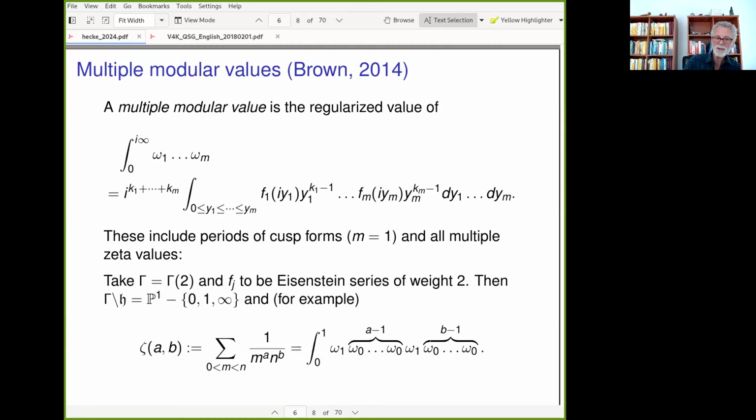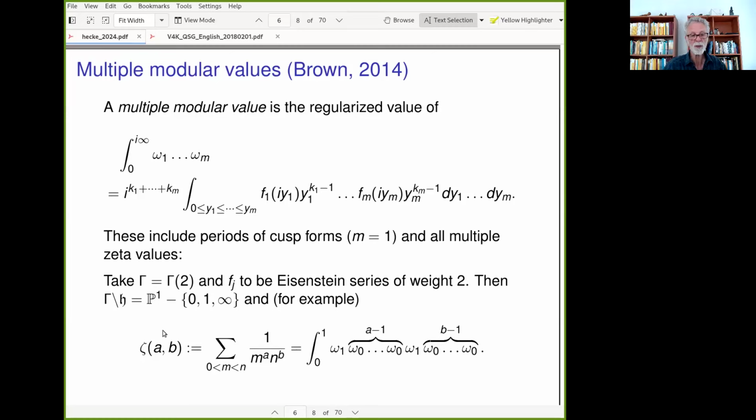So, for example, if we take gamma to be the congruence subgroup gamma 2, and the F_j to be Eisenstein series of weight 2, the forms that correspond to these are just going to be dz over z, dz over 1 minus z. In other words, these forms omega 1 and omega 0.